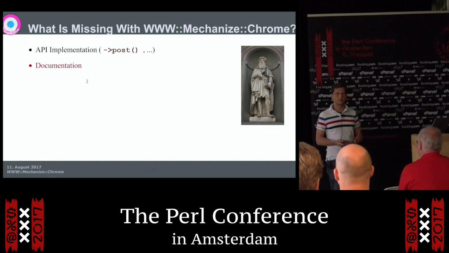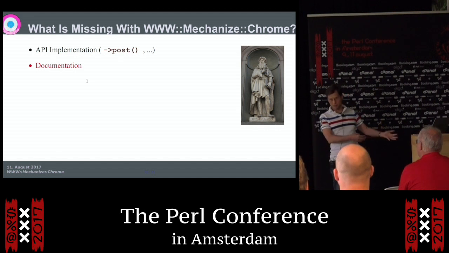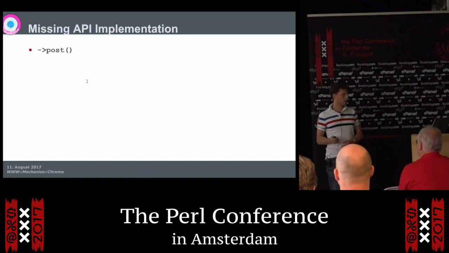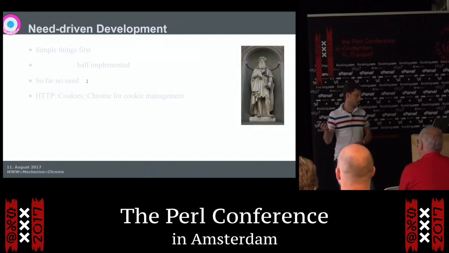But so far, I didn't need to trigger a random post request. It was mostly filling out a form and then pressing the submit button, which sends a post request, I know, but yeah.